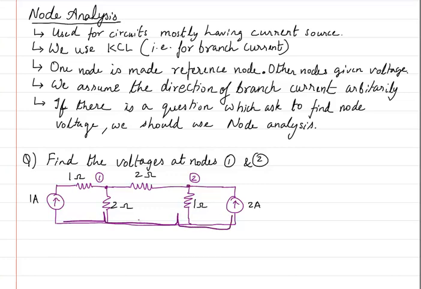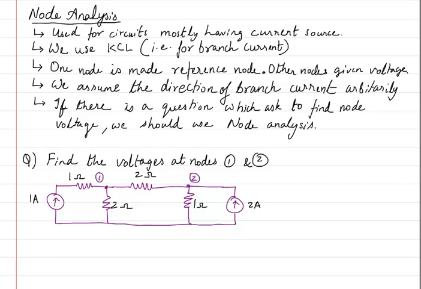All of this combined we can represent as a single node, and that node can be drawn anywhere. Generally, people may even draw it like this, or we can also take the other node and ground it. So it means that it is a ground node or a zero node.